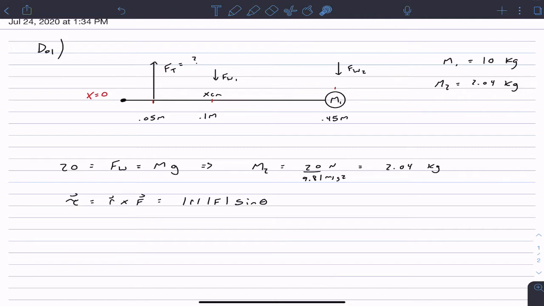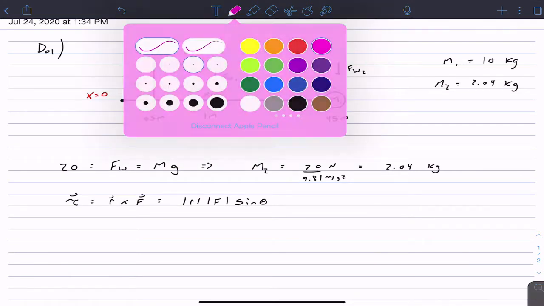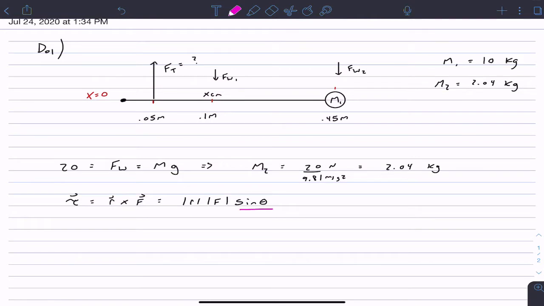Let's look at this. These masses are perpendicular to this line, which is the arm. Our arm is held perpendicular to the ground. So when we're considering this sine theta, the angle between r and F, the angle between them is 90.